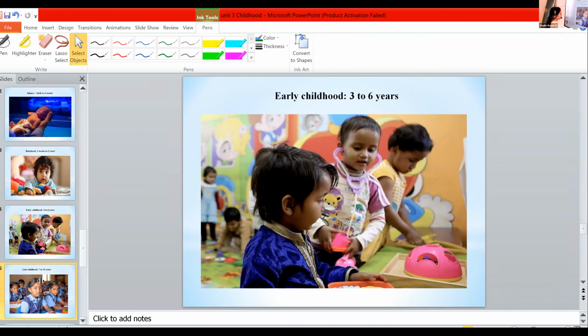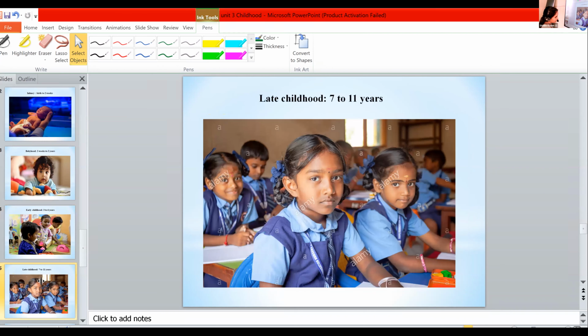Then the last one in childhood is late childhood, from 7 to 11 years. Okay, 7 to 11 years. What are the changes in this stage? Reena, try. They try to learn more things.